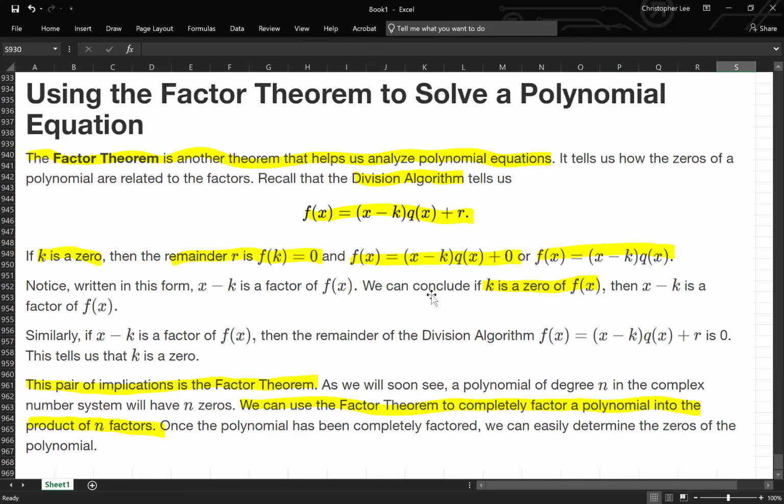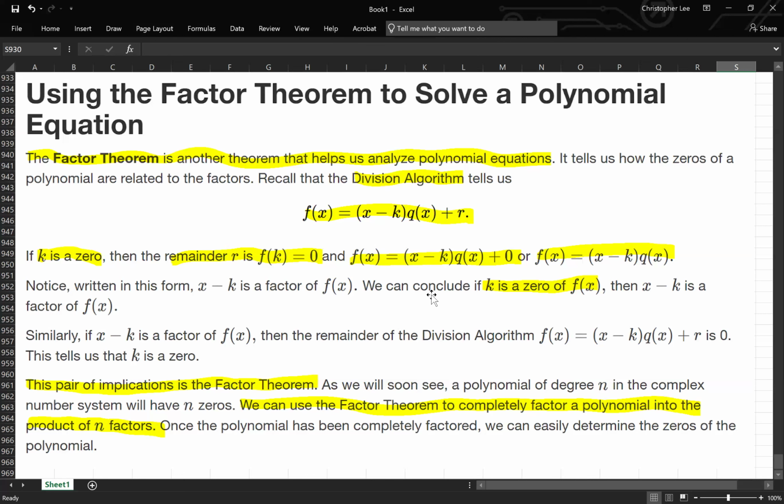We can conclude that if k is a zero of f(x), then x - k is a factor of f(x). Similarly, if x - k is a factor of f(x), then the remainder of the division algorithm is 0. This tells us that k is a zero. This pair of implications is the factor theorem.